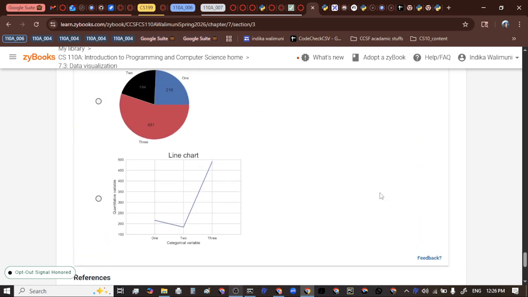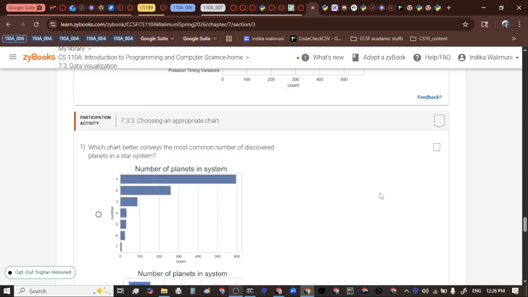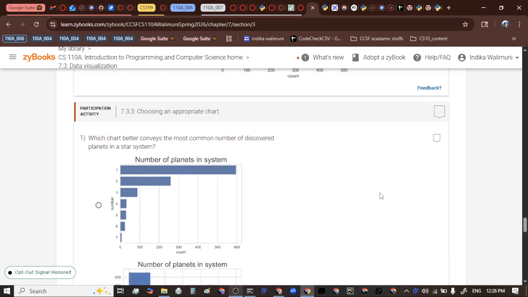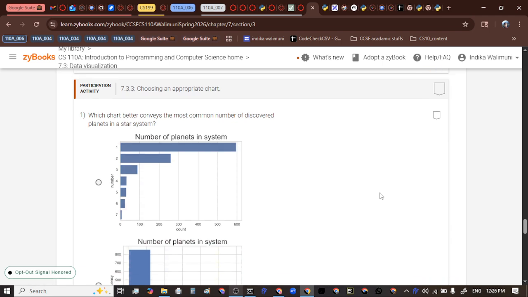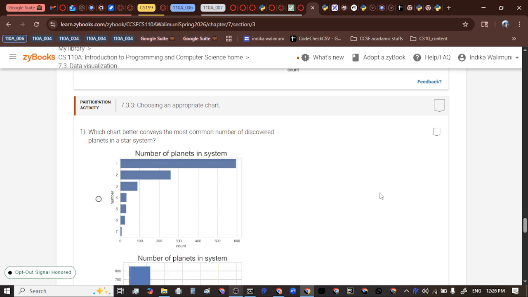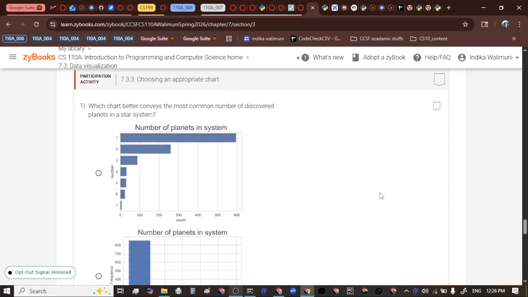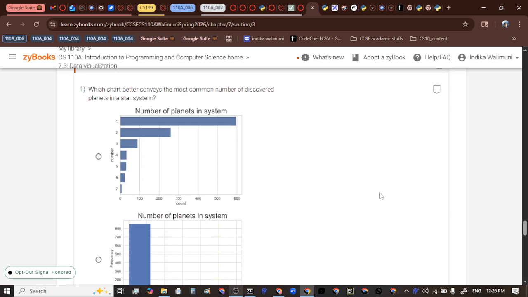This question: which chart better conveys the most common number of discovered planets in a star system? We have to choose the proper chart, the most efficient chart that does the best visualization. Which one? That one's pretty good.